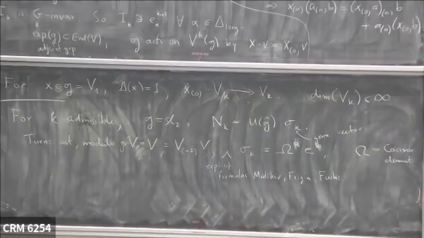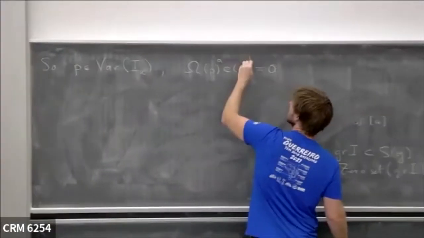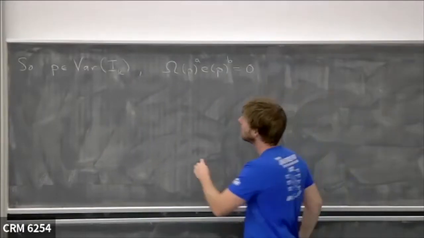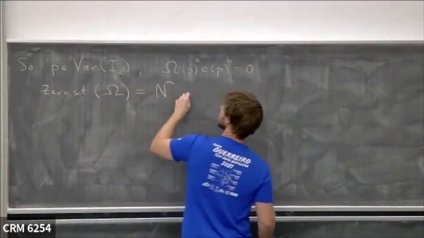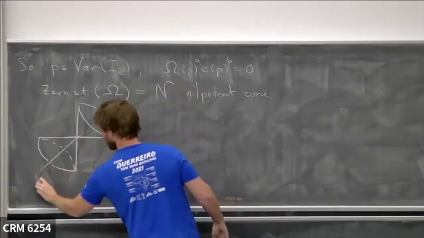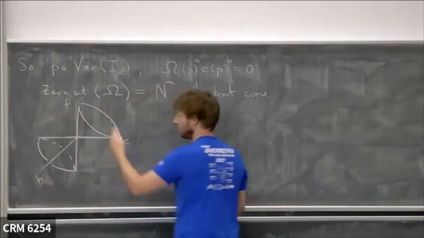So if I take a point in the variety by K, omega of P, E of P to the A, B equals 0. But the 0 set of omega is the nilpotent cone. Well, everyone knows what a cone looks like.